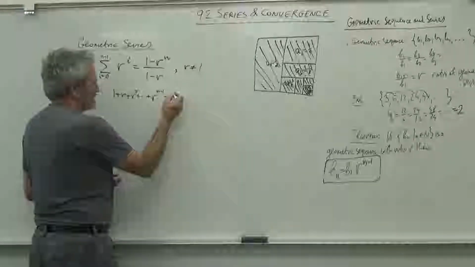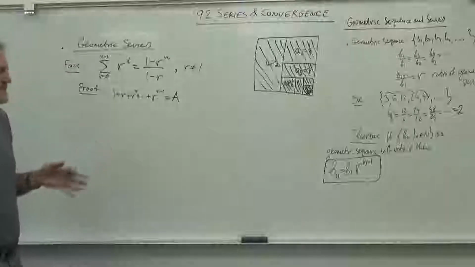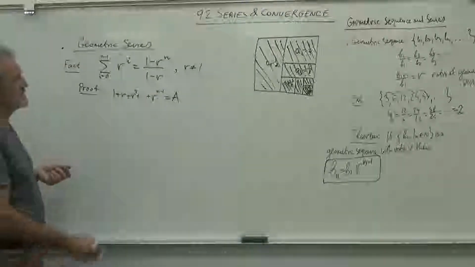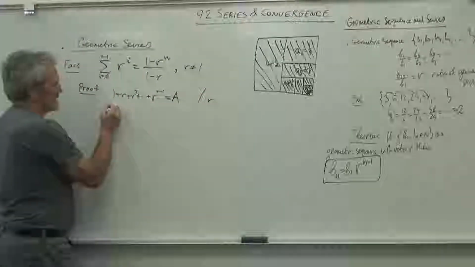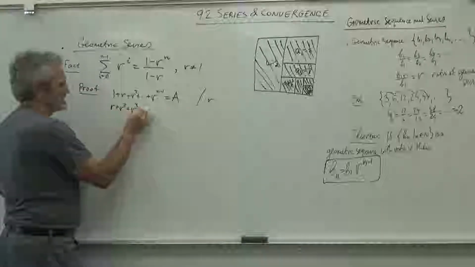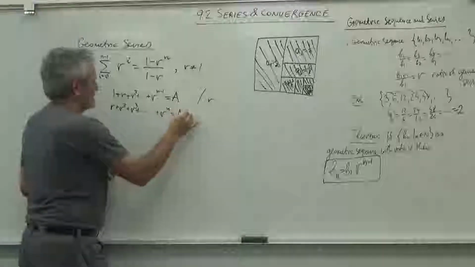Okay, let me call it A instead, because S looks like a limit of a sum, so I better call it just A. And here is the great move. Let me multiply everything by R. And we get the following: R plus R squared plus R cubed, up to R to the n, equals AR.